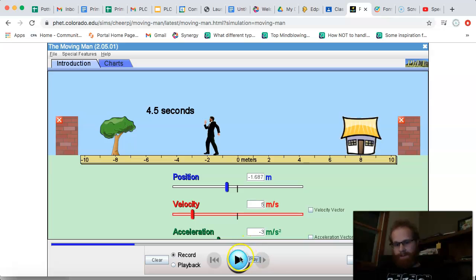So he's got a positive velocity now. There we go. And we're going to give him an acceleration of -3 again. Okay, so let's see what happens. He moves forward, and then he starts to slow down. And then he starts to move back. Cool. So that's how acceleration works.